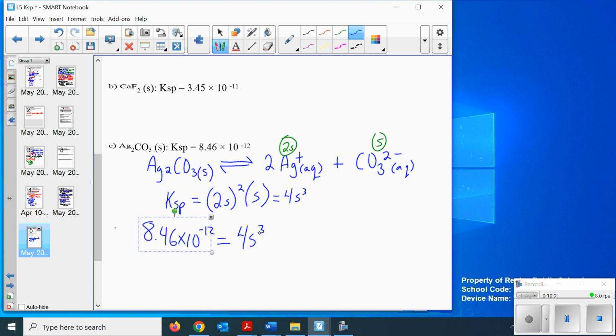Then what? Well, you've got to get the S cubed alone, so I divide both sides by 4. I'm going to keep all the digits. Actually, 2.115 times 10 to the minus 12. Yes, I divided by 4. So that's the algebra so far.